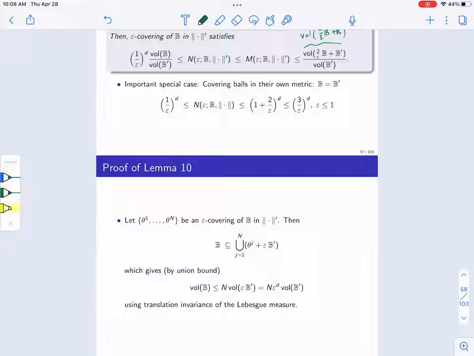So an epsilon covering of B in these balls, then B is included in the union of these balls. And so I can use the union bound. Volume is a measure.